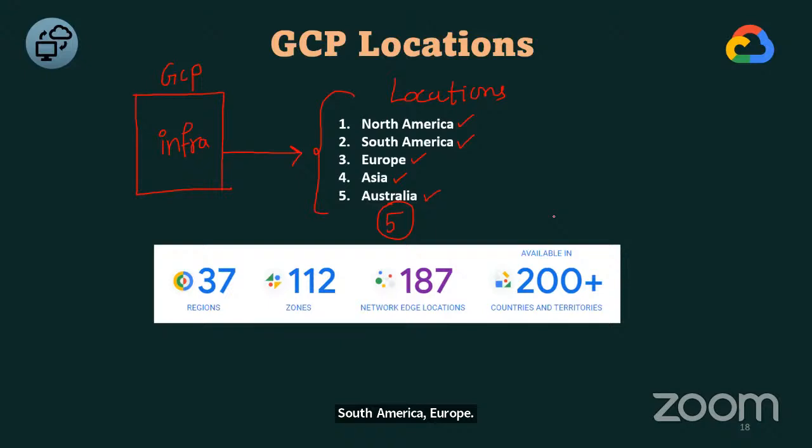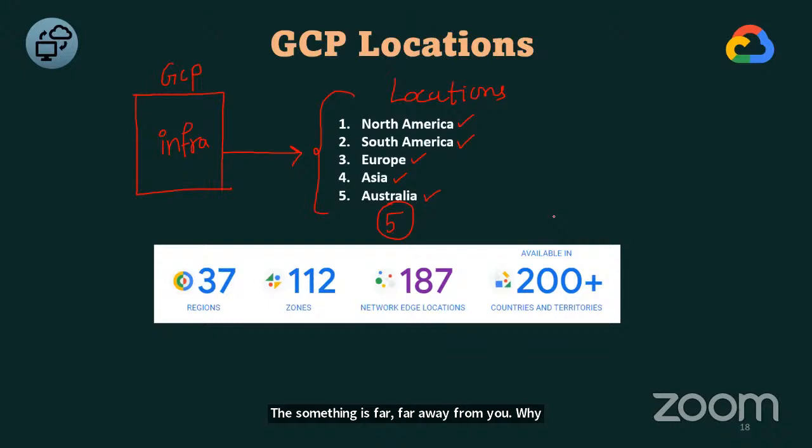Why is the division required? So that every person in every corner of the world can start utilizing GCP resources, because if something is near to you, you will use it. If something is far away, why would you use it?